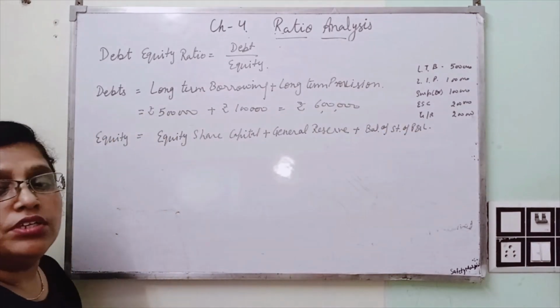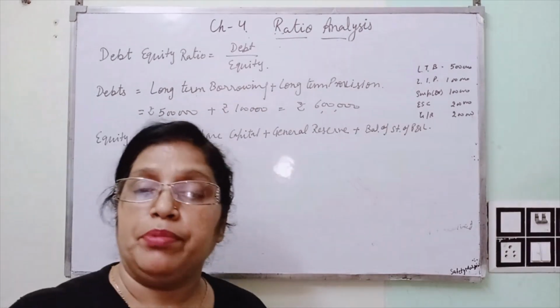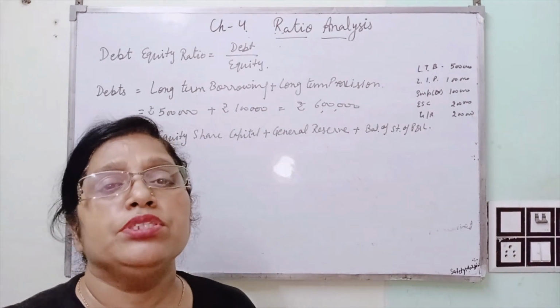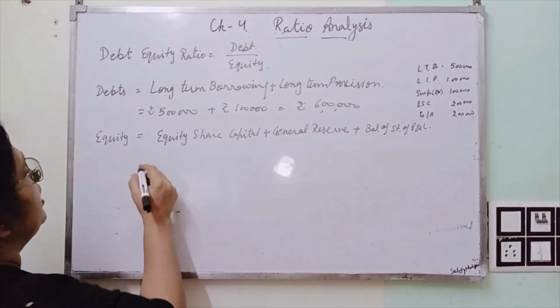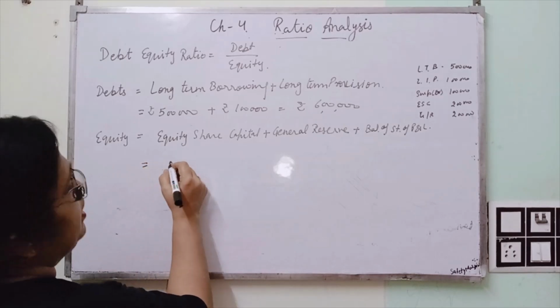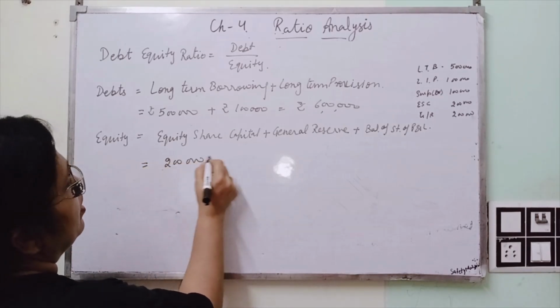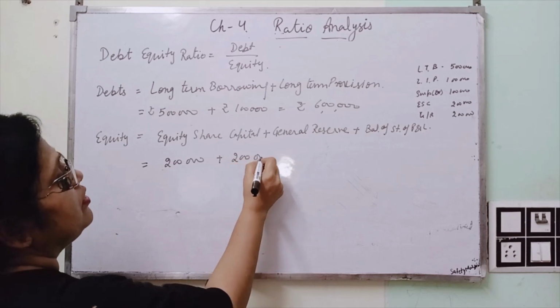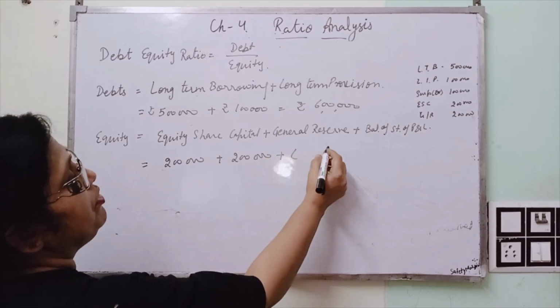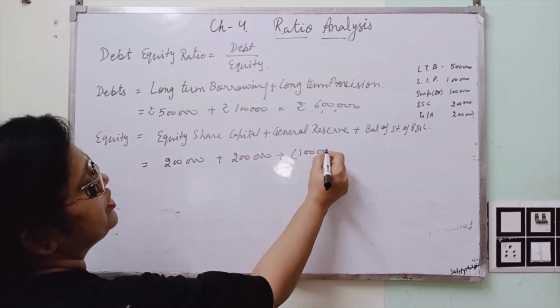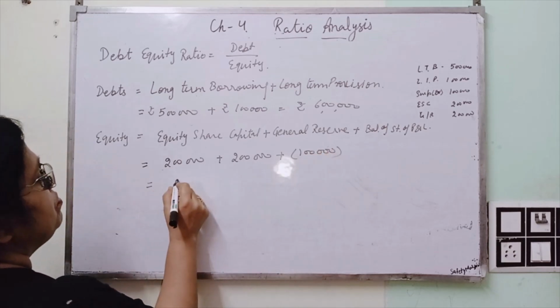Now in this question, your debit balance of statement of P&L is given. Debit balance means loss. So we are calculating equity. Equity share capital is 2 lakh. General reserve is 2 lakh. And balance in statement of P&L is loss, that is 1 lakh. So it comes to rupees 3 lakh.